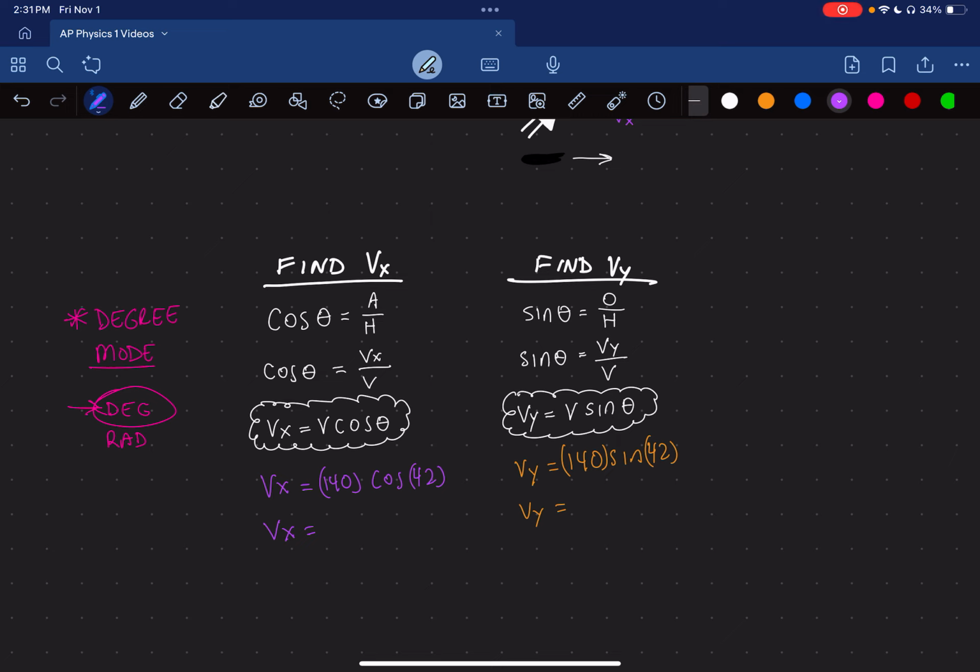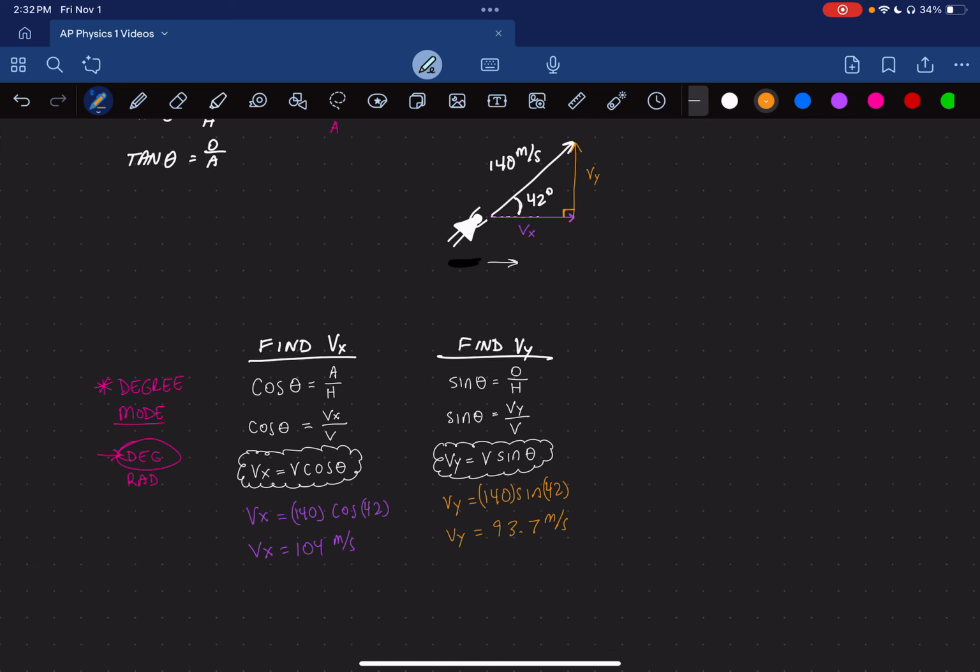Cool, let's calculate this. 140 cosine 42. I'm getting 104. Yeah, 104 meters per second. And let's do 140 sine 42, 93.7 meters per second.